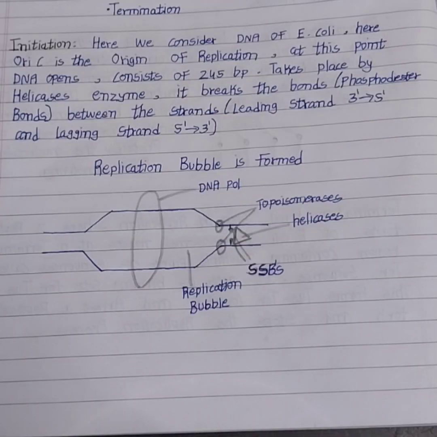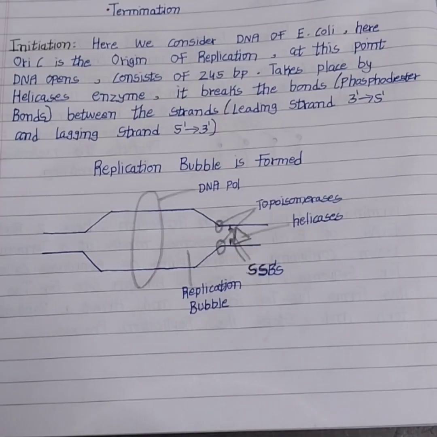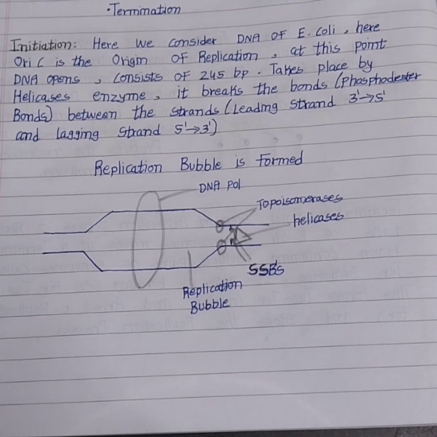Now we'll see the initiation process. If we consider the DNA of E. coli, which is a prokaryotic cell, here ori is the origin of replication. In one DNA there may be one or more ori. At this point the DNA opens up.